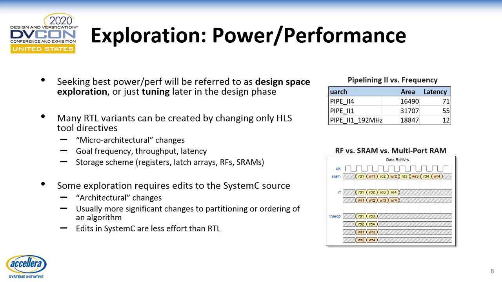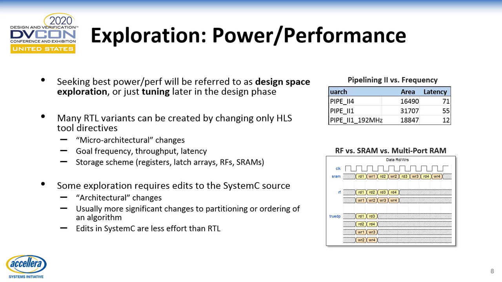But I will say, some exploration does require edits to the SystemC source. So if you're trying to change the partitioning of your design or the ordering that things happen in, often the tool can't do that for you, but you do have to change the description. I will say that's less effort than RTL.